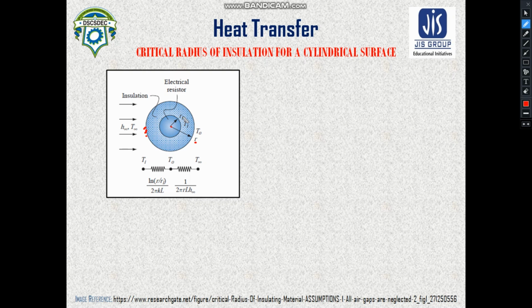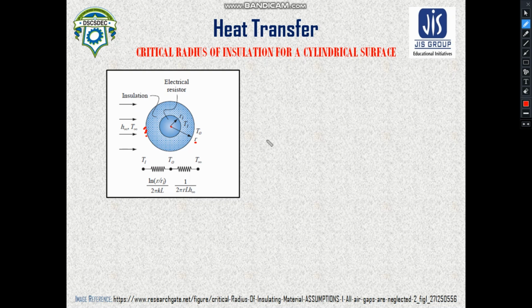One is the conduction between the inner cylinder and the outer cylinder, and one is the convection heat transfer which is taking place between the outer surface of this cylinder and the fluid which is flowing outside of the cylinder. Now if you try to draw an electrical circuit, this circuit would describe the physical condition of this problem.